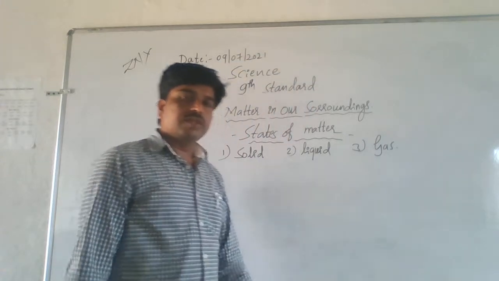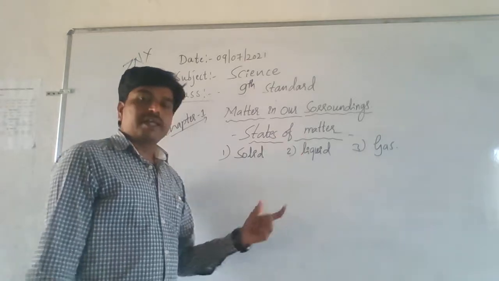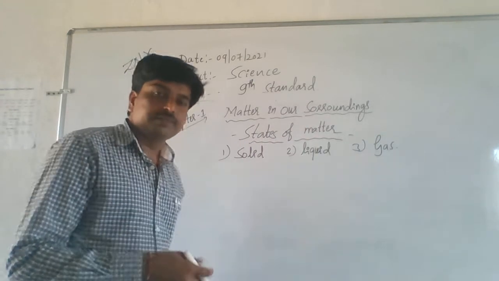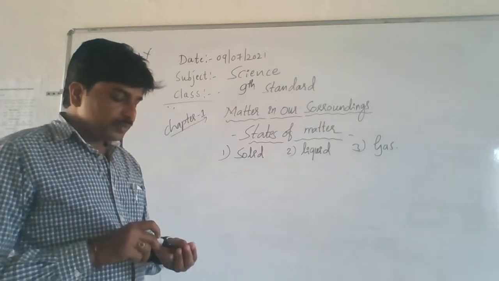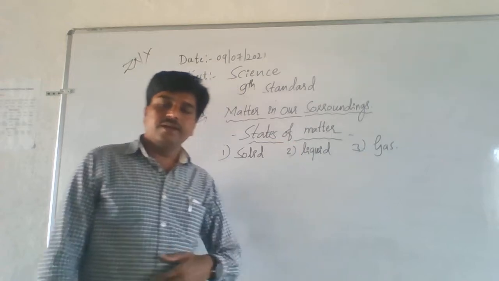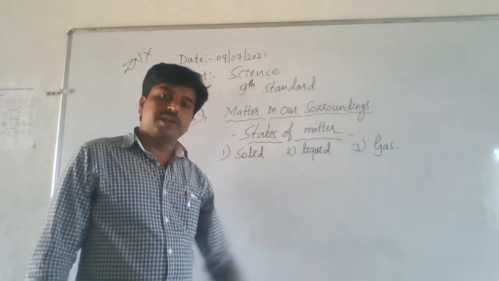Let us see, students, one by one, how these states of matter are classified into solids, liquids and gases. These three states of matter are classified based on the arrangement of particles.